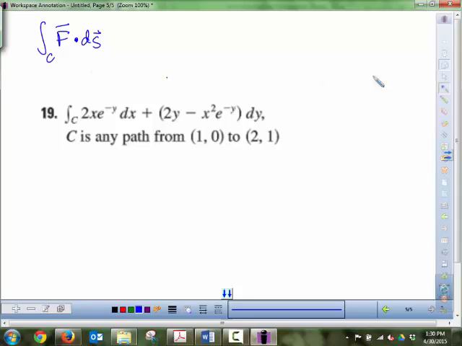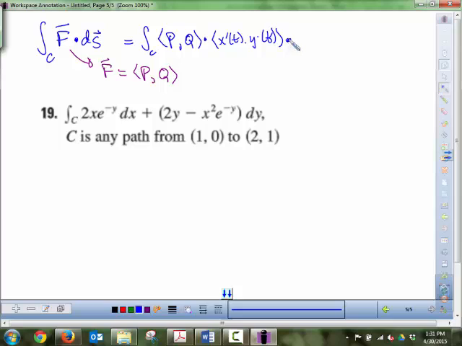Now remember that if your line integral takes on a vector field, and the vector field is a vector with components, and each of those components are scalar functions themselves, then we can write this line integral as the dot product of P and Q with the derivative of the parameterization. Right?